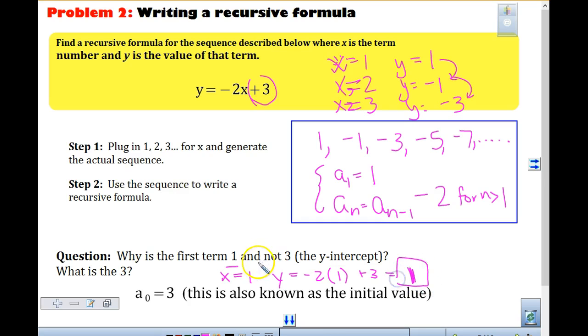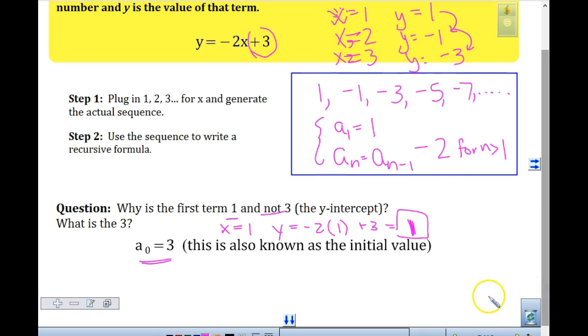So the 3 is called the 0 term or initial value. That is our y-intercept, but we're not going to use it when we are looking at sequences. So you just got to be really careful for that. a sub 0 is the initial term.